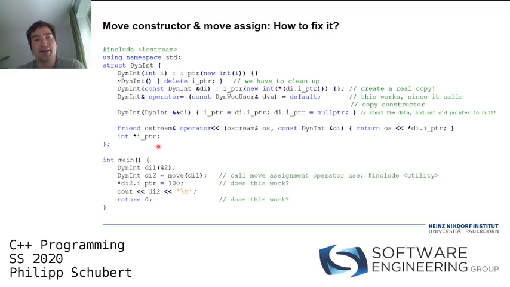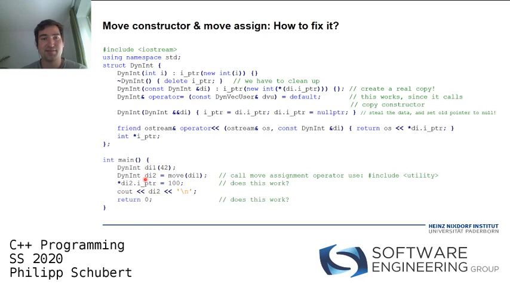So we construct a variable di1 here. The heap allocation takes place and the heap memory is initialized to 42. Now we move construct a di2 variable by stealing the heap memory of di1 and setting di1's pointer to that heap memory to the null pointer. And then we can do some stuff with that, and at the very end the destructors are called.